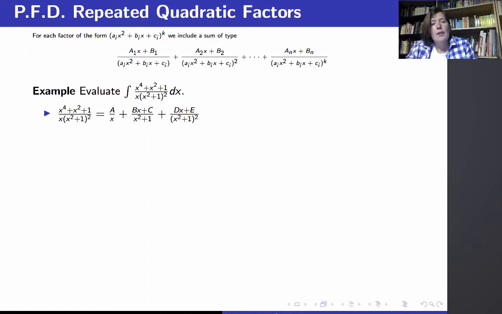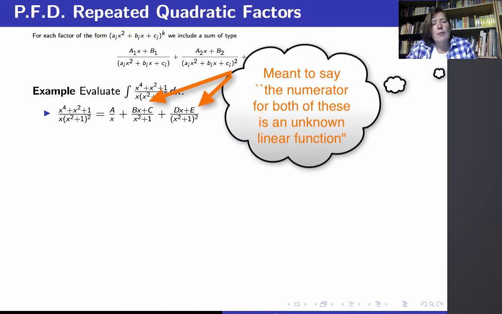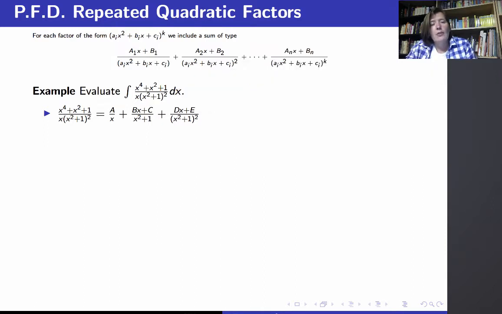And for the repeated irreducible quadratic, we include two terms, one for x squared plus 1 and one for x squared plus 1 squared. And the numerator in both of these cases is an unknown linear polynomial. So our partial fractions decomposition looks like this.